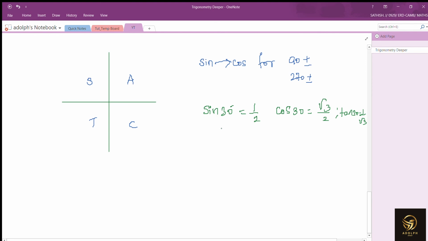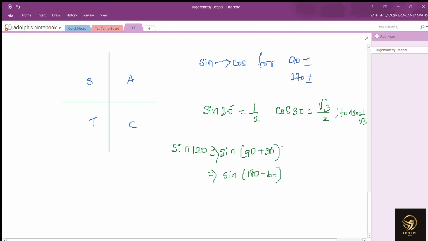Suppose if I'm taking a value in the second quadrant, if it is sine 120, so sine 120 is the thing that I have to find, then how I have to write the value? I can write in two formats, that is sine 90 plus theta, or else sine 180 minus 60.